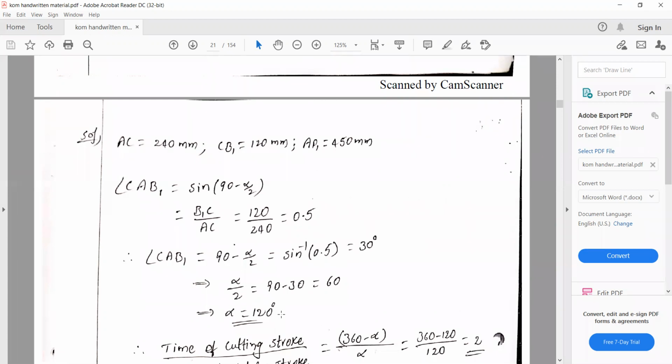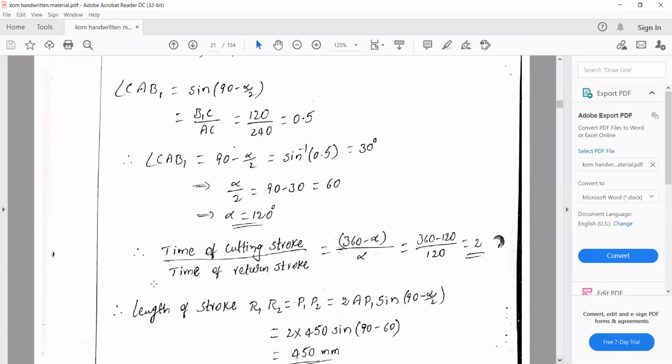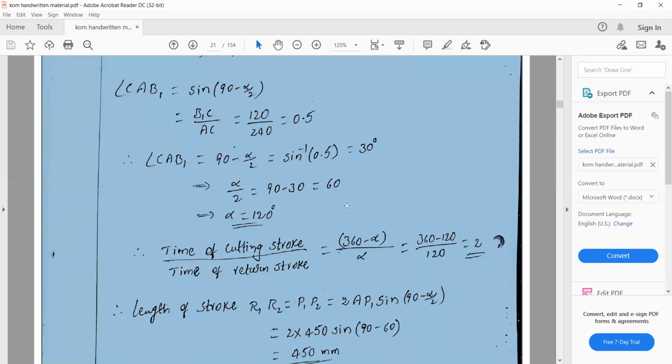We have identified the alpha value, 120 degrees. Now we find the ratio of the cutting stroke to the return stroke. The time of cutting stroke to the time of return stroke equals 360 minus alpha by alpha, generally written as beta by alpha.